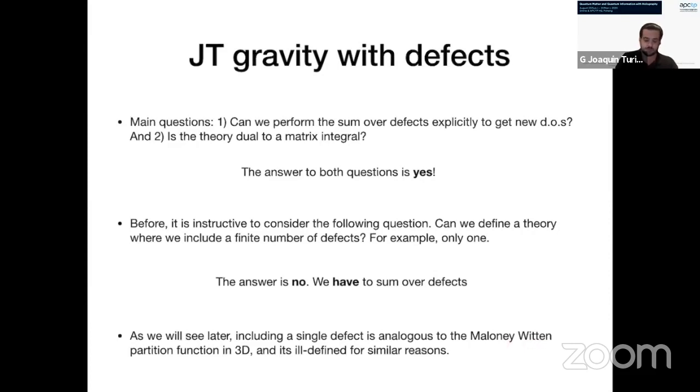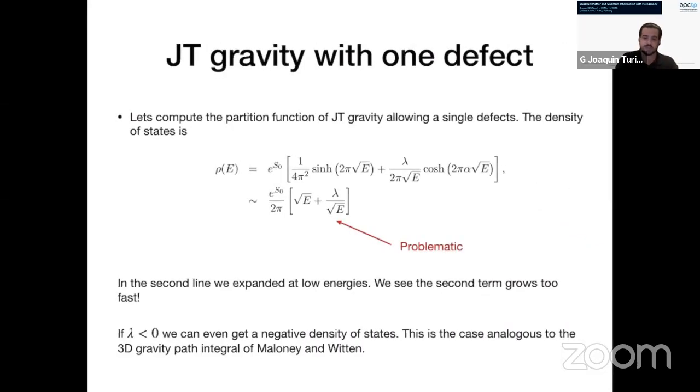And this is related to something that we will see in 3D. So this is the one-defect correction to the partition function, the formula that I showed before. At very low energies, it gives something that diverges. This is problematic if lambda is positive, and even more problematic if lambda is negative, because it will produce a negative density of states.